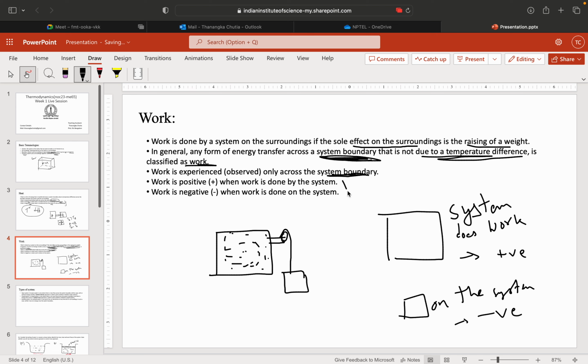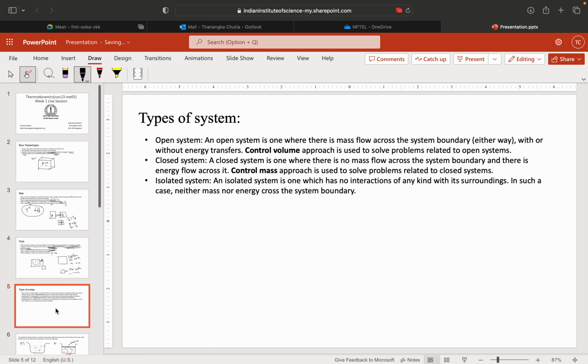These two will be very useful for us when solving numericals. Now we have learned what is a system, what is heat, and what is work. Now let us see what are the different types of systems available in thermodynamics.